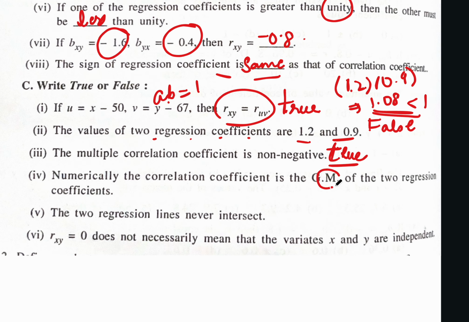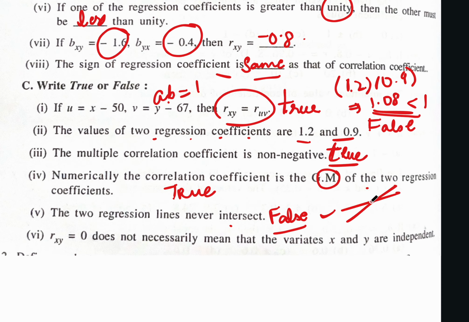Okay, the correlation coefficient is GM of regression coefficients. I think this is true. Yeah, this is true. Okay, two regression lines never intersect. It says false. So as long as there's no perfect correlation, they can intersect.